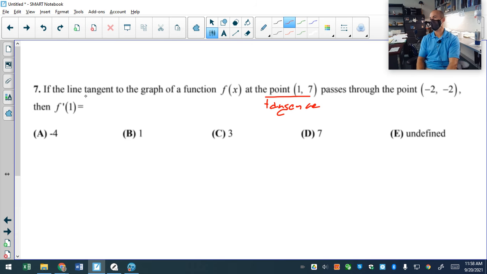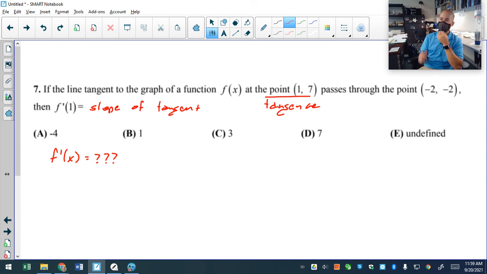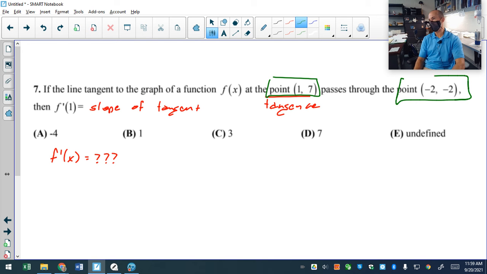And they want you to find f prime of 1, which is the slope of the tangent, right? Typically, if you want f prime of 1, we find f prime of x, but they didn't give you the information for that. So that's how this question is a little bit different. That may have thrown you for a loop, because if you were locking into finding an equation for the derivative, it's impossible. We can't do it. But I do know that the tangent passes through the points (1, 7) and (-2, -2).